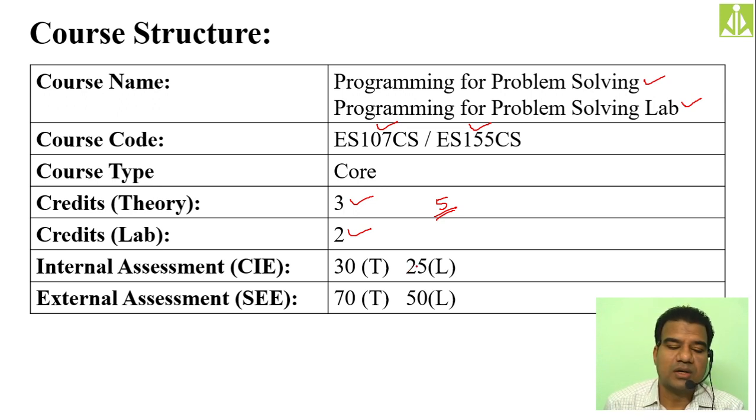If you see the assessment process, how do they assess the students? There are 2 types of assessments. We are already familiar with this because in your first semester also we did it the same way. There will be an internal assessment and an external assessment. For internal assessment we have 30 marks for theory.